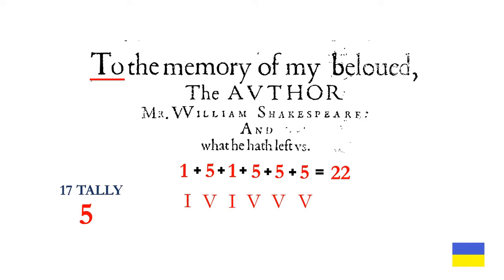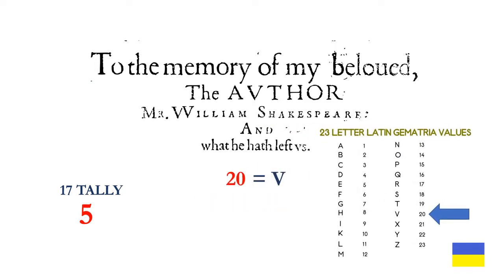So that means we take 2 from this sum to get 20. Once again, 20 equals the letter V in Gematria.